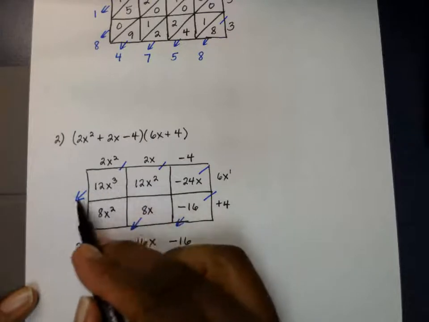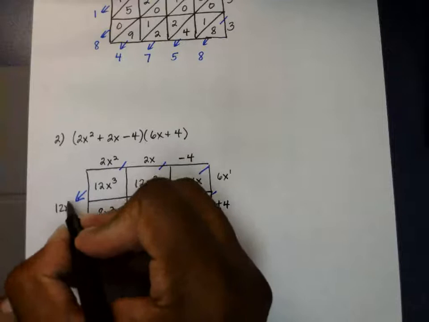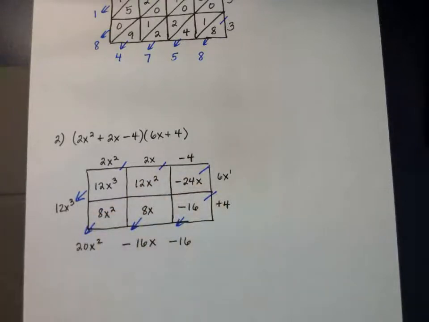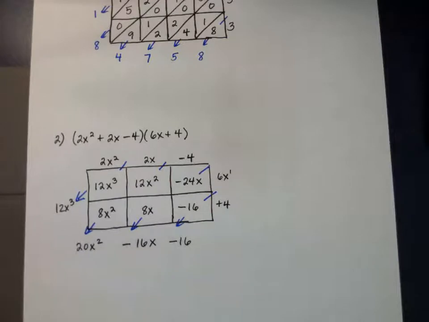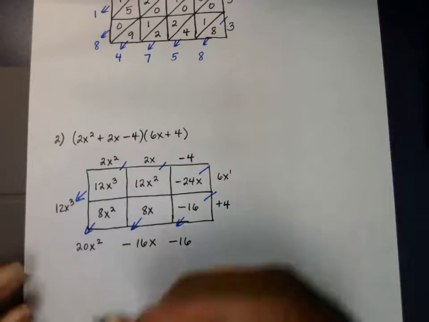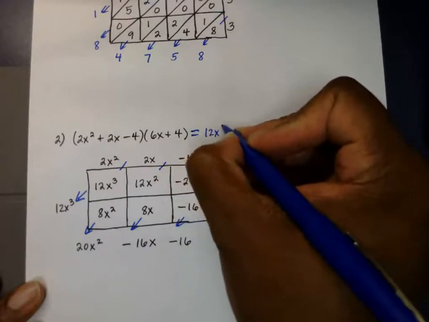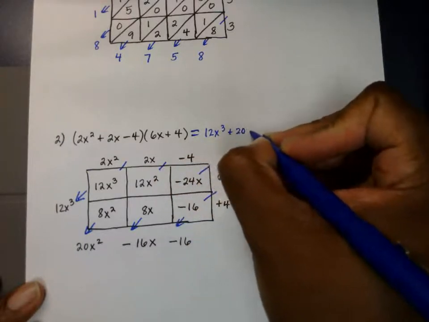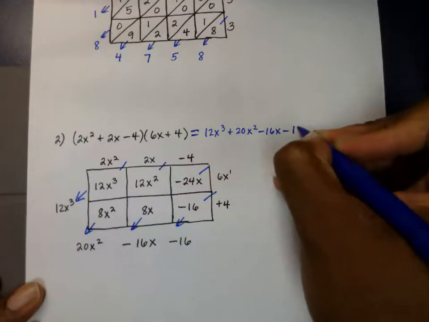And then I have nothing to add to the 12x cubed, so I'll bring that down. All right, so these represent the product of 2x squared plus 2x minus 4 and 6x plus 4. That's going to be equal to 12x cubed plus 20x squared minus 16x minus 16.